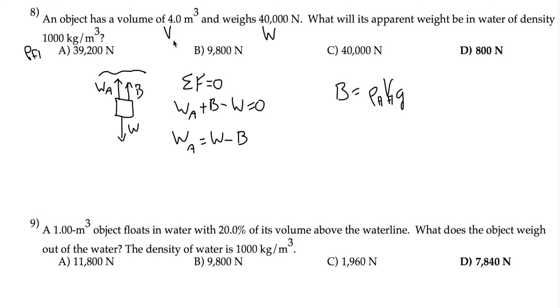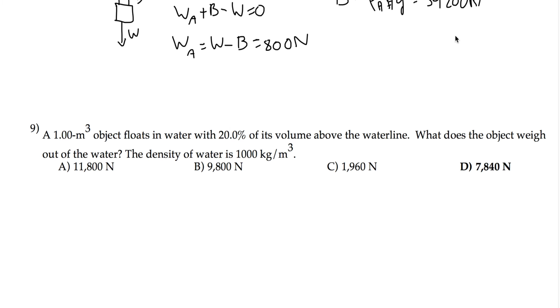So the volume of the object is also equal to the volume of the fluid displaced. So multiply 1,000 times 4 times 9.8, and I got 39,200 newtons. And then do the 40,000 minus 39,200, and you'll get 800 newtons, which is choice D.